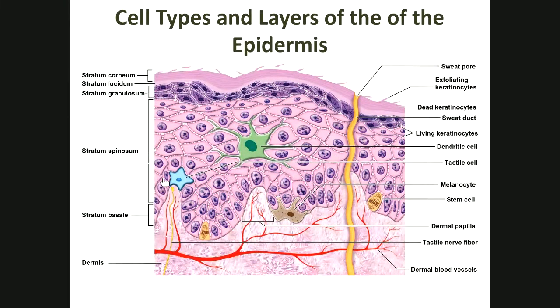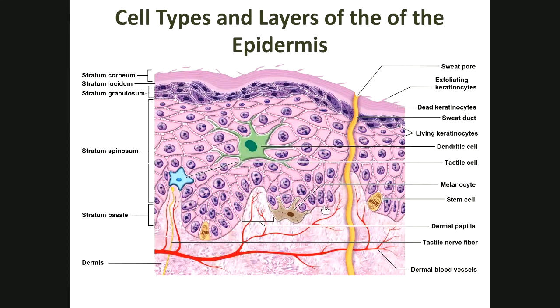Here you can see the stratum basale, the deepest epidermal layer. The stratum basale is located on this line, which is the basement membrane. And you see that this basement membrane is wavy. It's not a straight basement membrane.